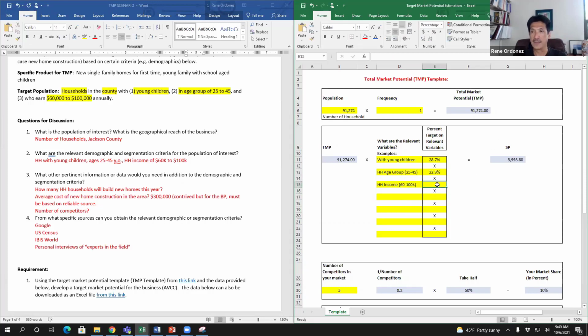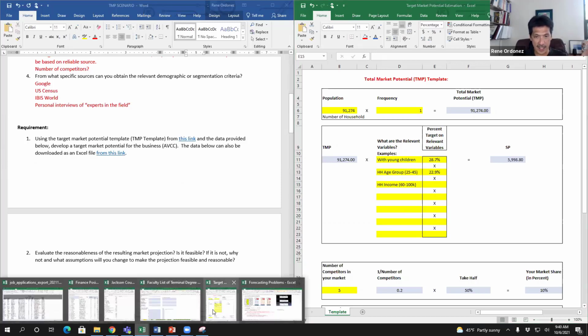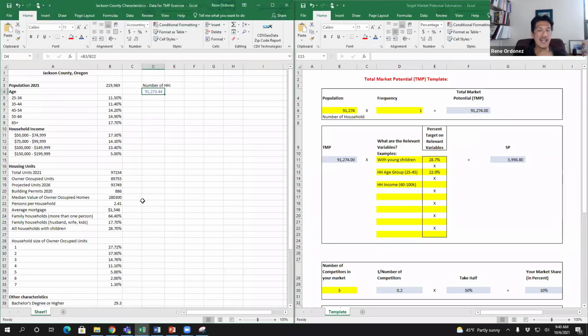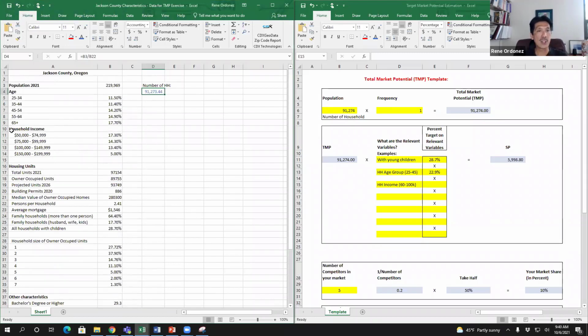Now let's go back to the Excel worksheet. You have the household income information, right? But where is the 60 to 100K? Well, that's in these two categories.